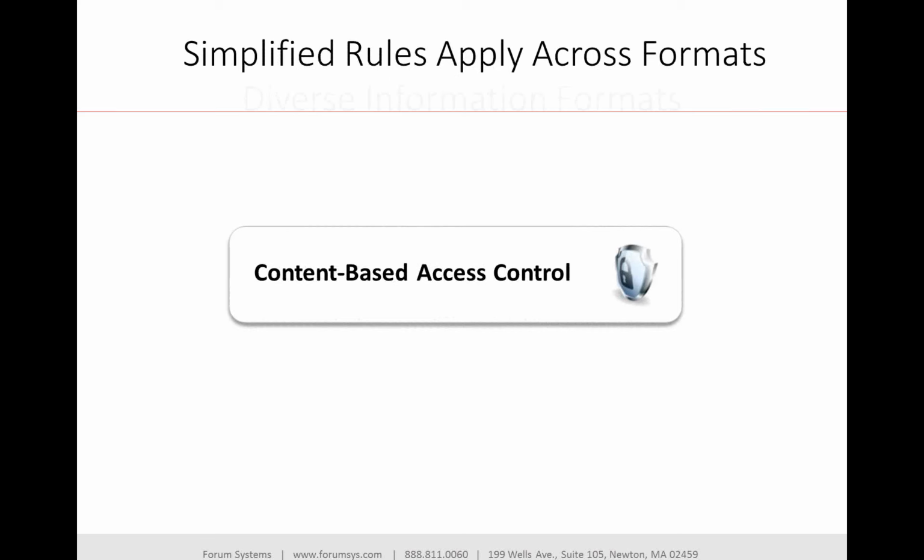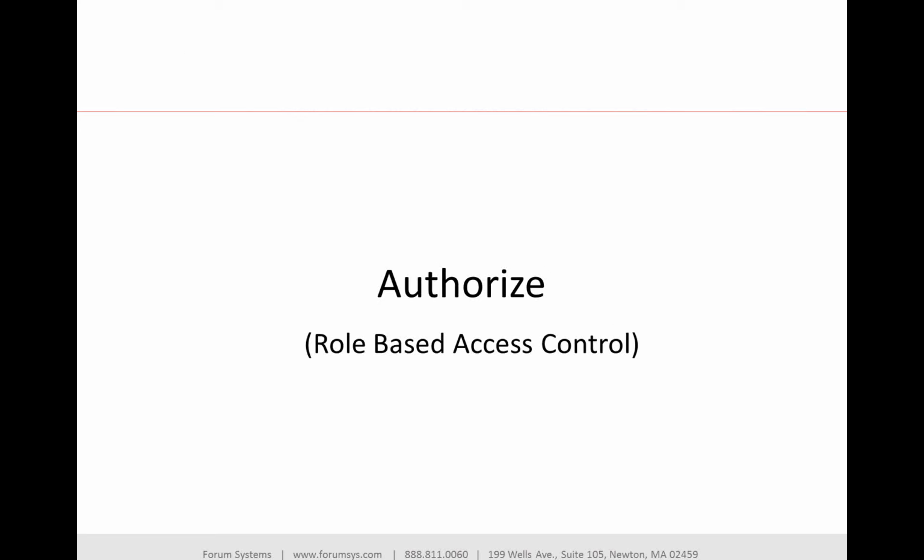What kind of information is allowed by the user based on content? What are they allowed to see and get from an access control perspective, simplified down to the universal ability to consume and analyze those different message formats to make those decisions. So that's one part of the authorization equation.